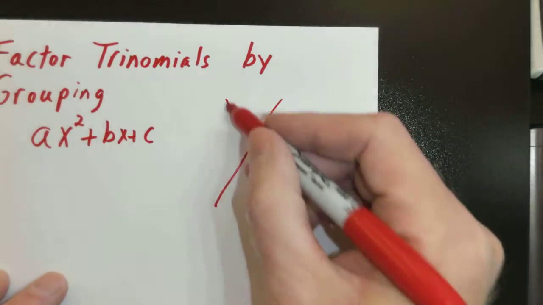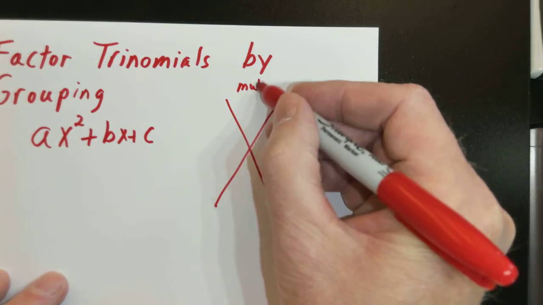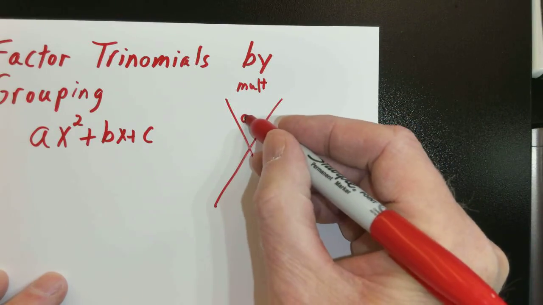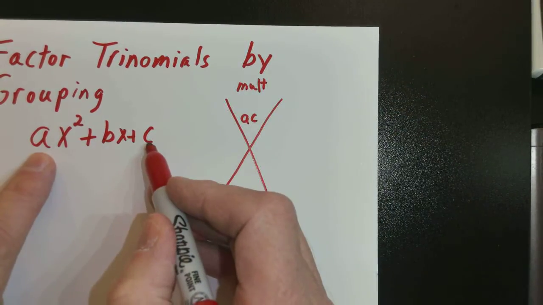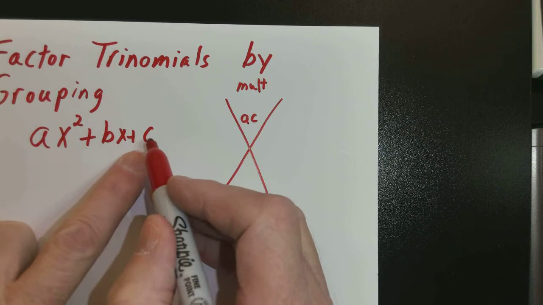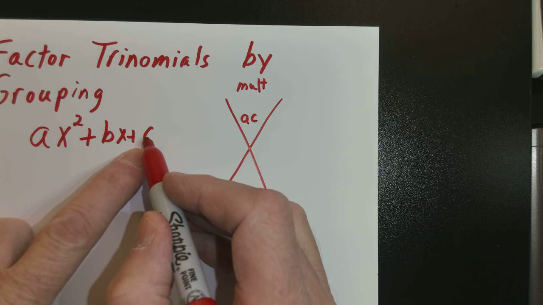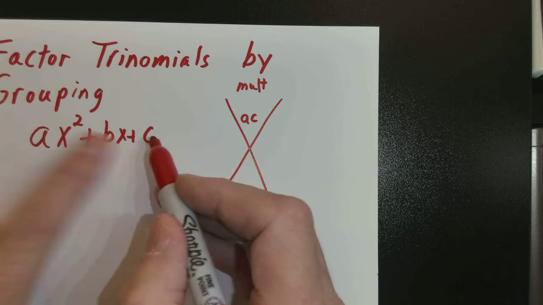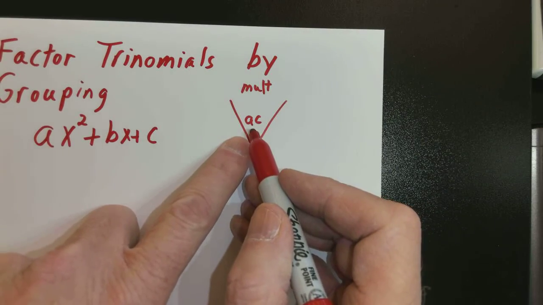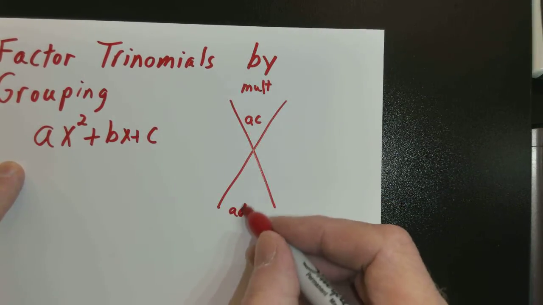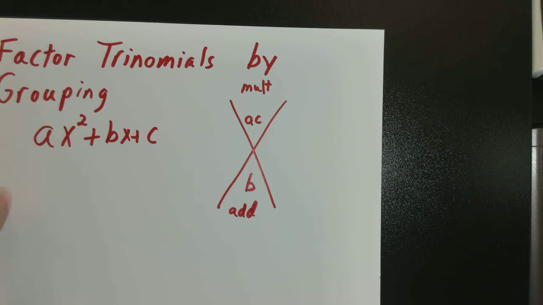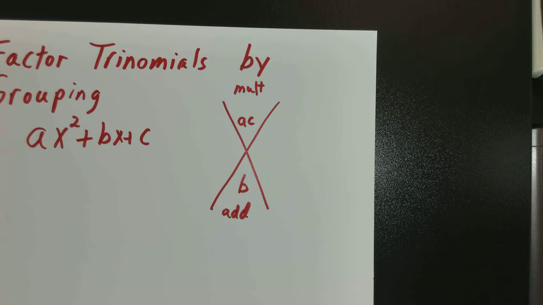So, when you're looking for numbers, you need to actually take the a times c, instead of just the c, like I showed you on the x squared plus bx plus c. You need a times c. And when you add, you need the b. Okay?